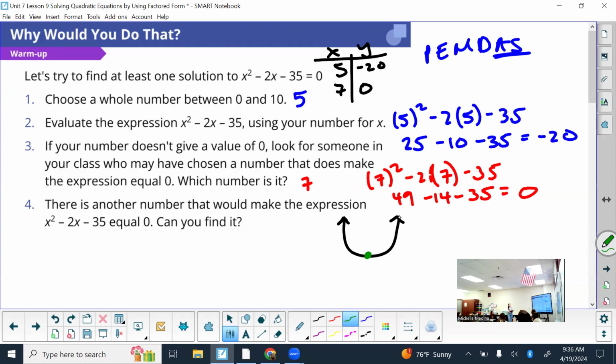Like earlier, someone told me that when they plugged in, I want to say it was 6, that they got a negative 63. And I was like, no, that's weird. Like it shouldn't be going from here to here to here, unless this is my vertex or something like that. So we checked it and it wasn't that output. I don't know where they got that.